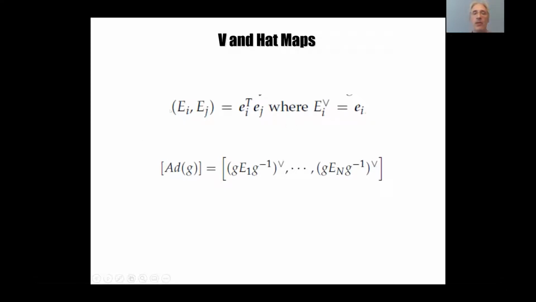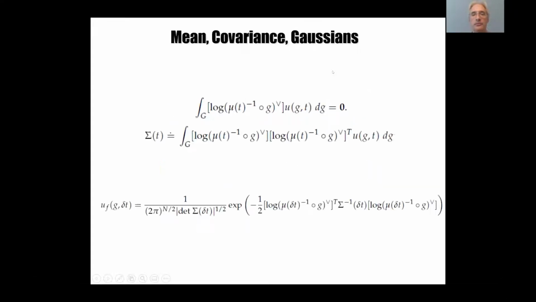And so by an appropriate choice of metric, you can always do this. And so what that means then is, for example, the Ad operator can be thought of as the Ad matrix. And the difference between the operator and the matrix is I'll put brackets around it to denote a matrix description or representation of the Ad operator.